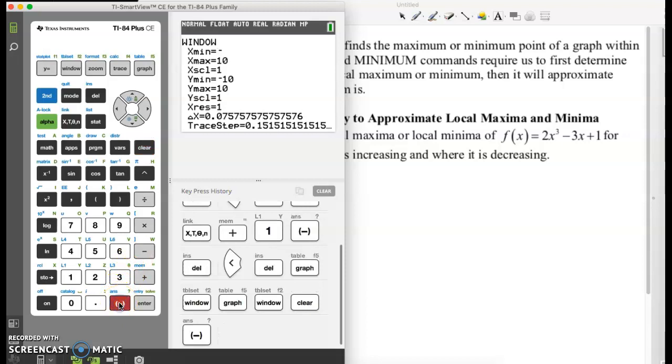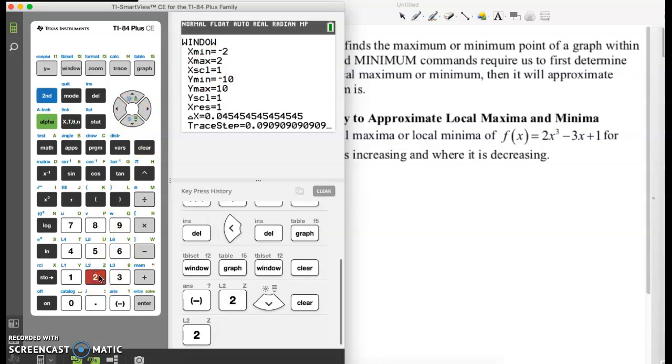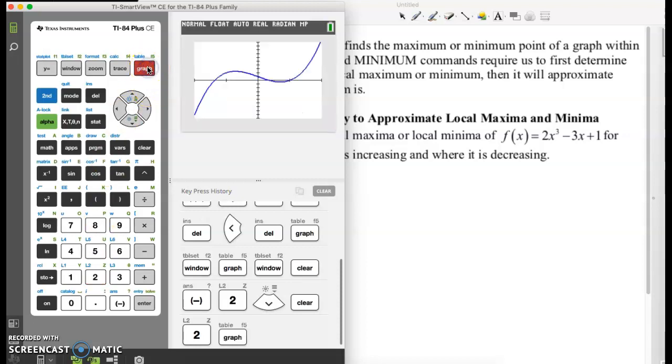So you push negative 2, and then I'm going to go to my x max. Instead of 10, I'm going to make that a positive 2. So I'm going to clear the 10 and type in positive 2. It didn't say anything about changing my y values, so I'm going to leave that alone. And now I'm going to push graph. That's much better. My graph has been zoomed in.